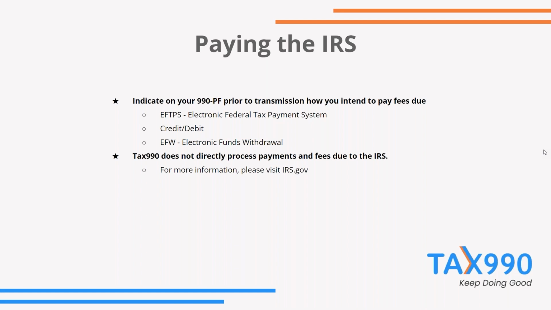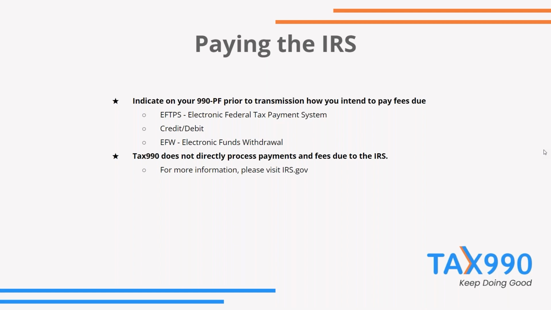So to pay taxes through EFTPS, it's your responsibility to visit their portal at eftps.gov to make the payment. Typically, payments made through EFTPS should generally be made 1 day before the tax payment due date for the transactions to happen on time.